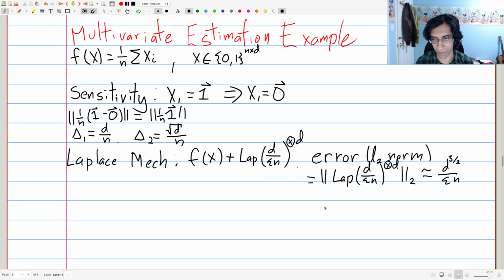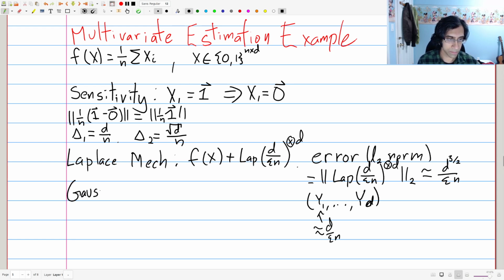You have a bunch of random variables y1 through yd, and if you add noise of magnitude approximately d over epsilon n to each coordinate, then the L2 norm calculation multiplies it by a factor of square root d. That's what the error would be if you use the Laplace mechanism in this case.